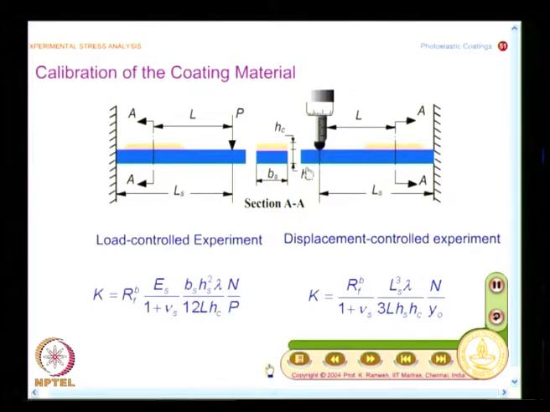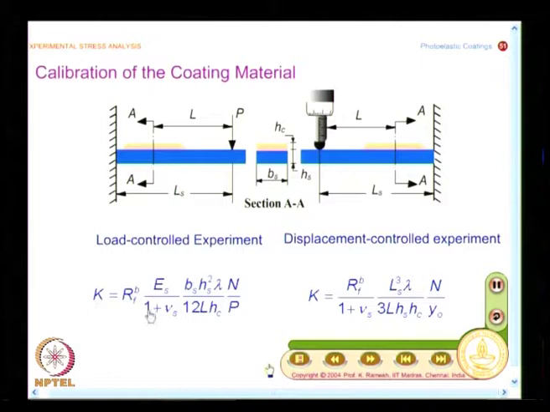When I have a load controlled experiment, the expression for K is very conveniently given in terms of the parameters of the experiment, and you should notice that I have to use the reinforcement factor for bending. If I do not use this, my estimation of K would be erroneous.